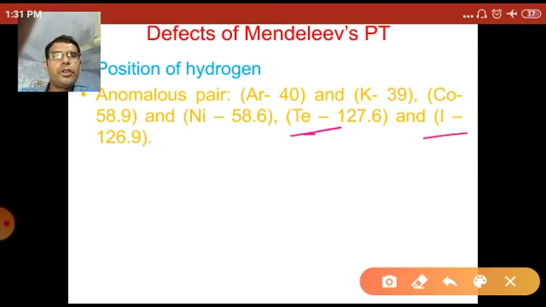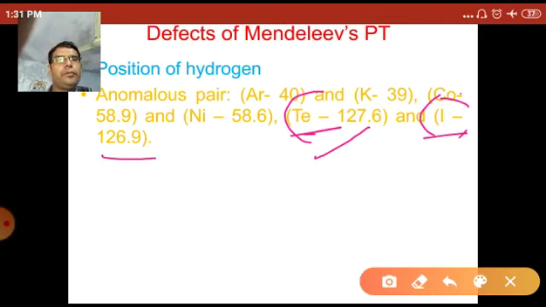They arranged tellurium first and then iodine. But the atomic mass of tellurium is 127.6 and iodine is 126.9, so iodine should come first, then tellurium. They arranged the elements in the wrong order of their atomic masses, so they arranged the elements in anomalous pairs.